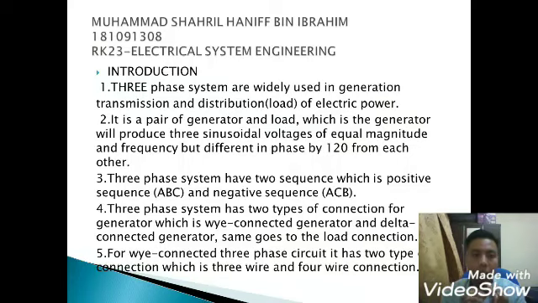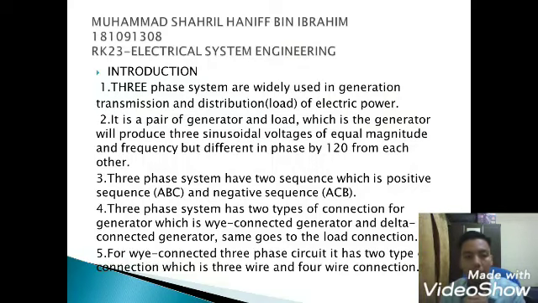Second, it is a pair of generator and load, where the generator produces three sinusoidal voltages of equal magnitude and frequency but different in phase by 120 degrees from each other. Third, three-phase systems have two sequences, which are positive sequence ABC and negative sequence ACB.